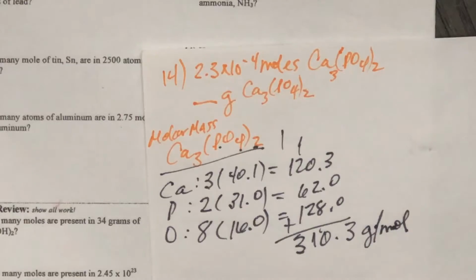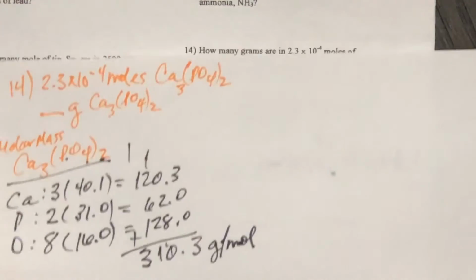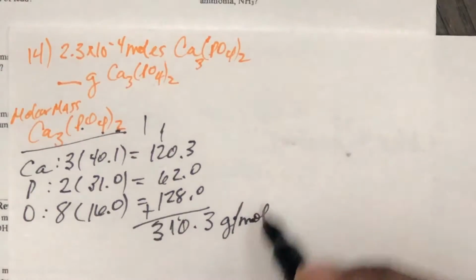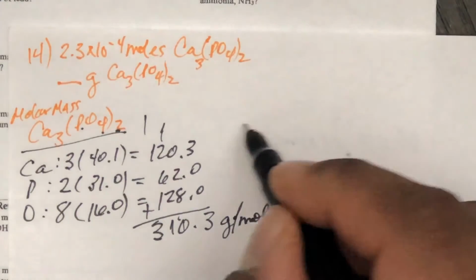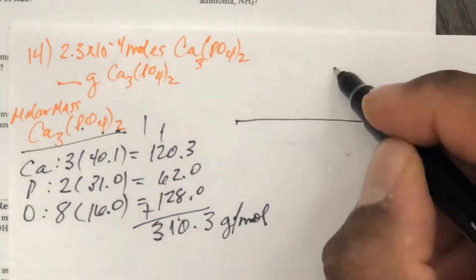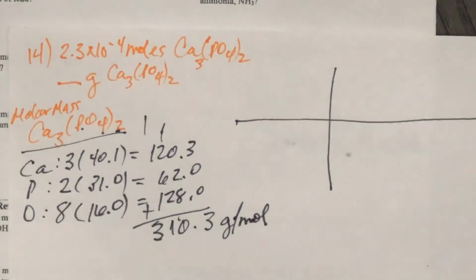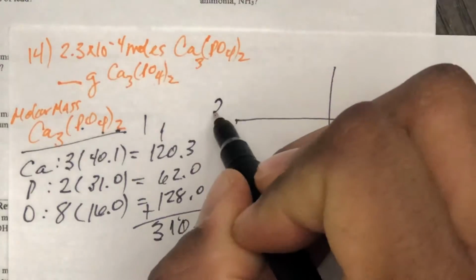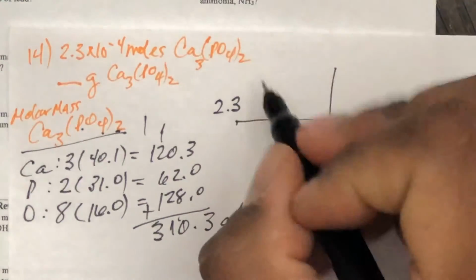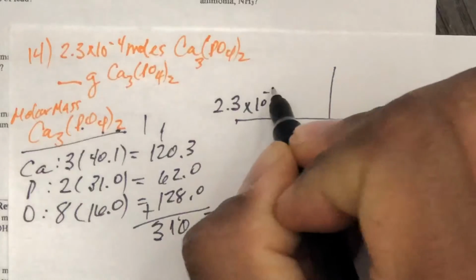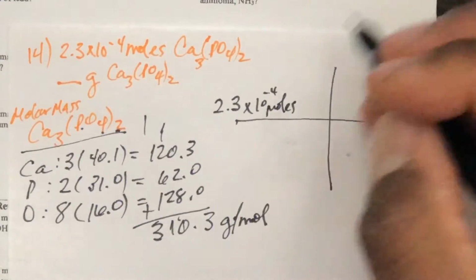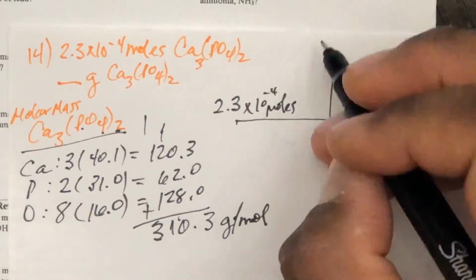Okay, so now that we figured out their molar mass, now what we're gonna do is we're gonna convert. So here we have our dimensional analysis line. We have 2.3 times 10 to the negative 4, and these are moles of calcium phosphate.